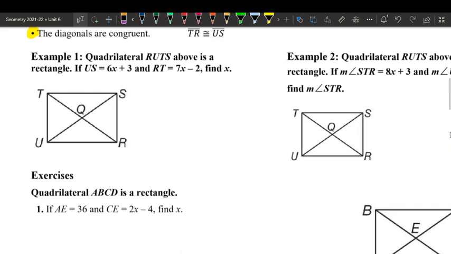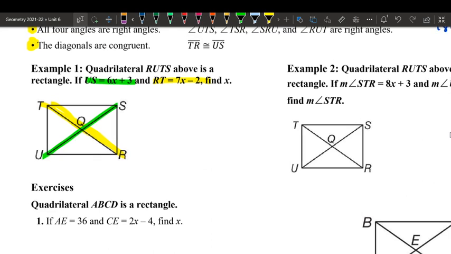All right, so quadrilateral RUTS, which is the one on the top of the paper, is a rectangle. It says if US is 6x plus 3. So that line is 6x plus 3. And RT is 7x minus 2. All right, find the value of x.